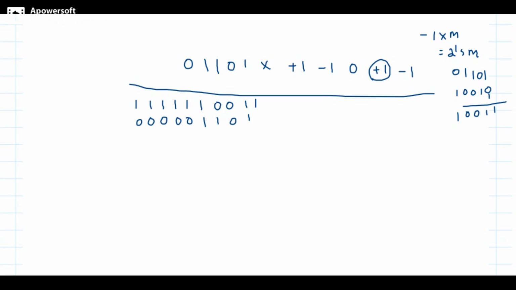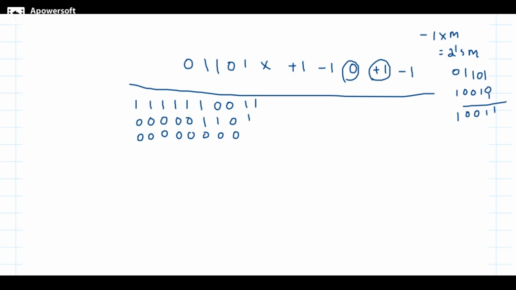So the next bit is 0, that is 0 into m. So 0 into 0, 1, 1, 0, 1 means 0. So shift it left by 1 position, 0, 0, 0, 0, 0, 0, 0 and 0.